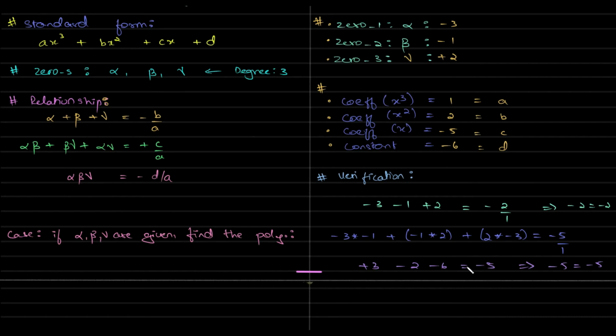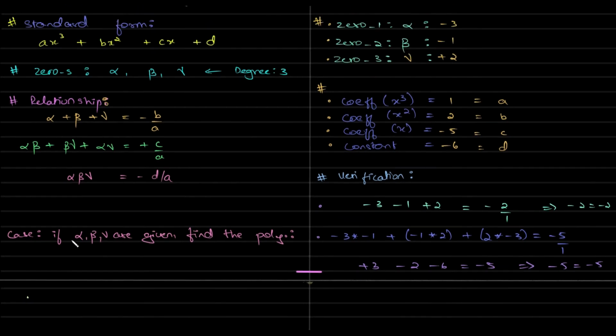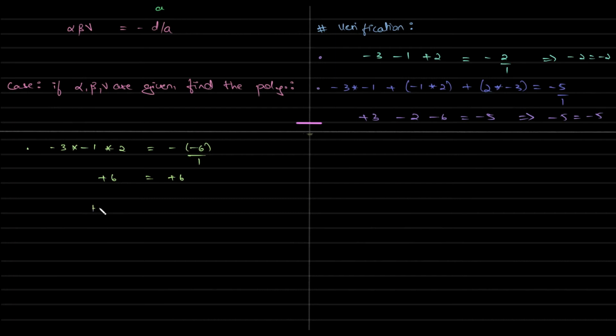So this is again verified. So we are done with two formulas, and the last formula, alpha into beta into gamma being equal to minus 6 by 1. So plus 6 is equal to plus 6, right? Hence verified.